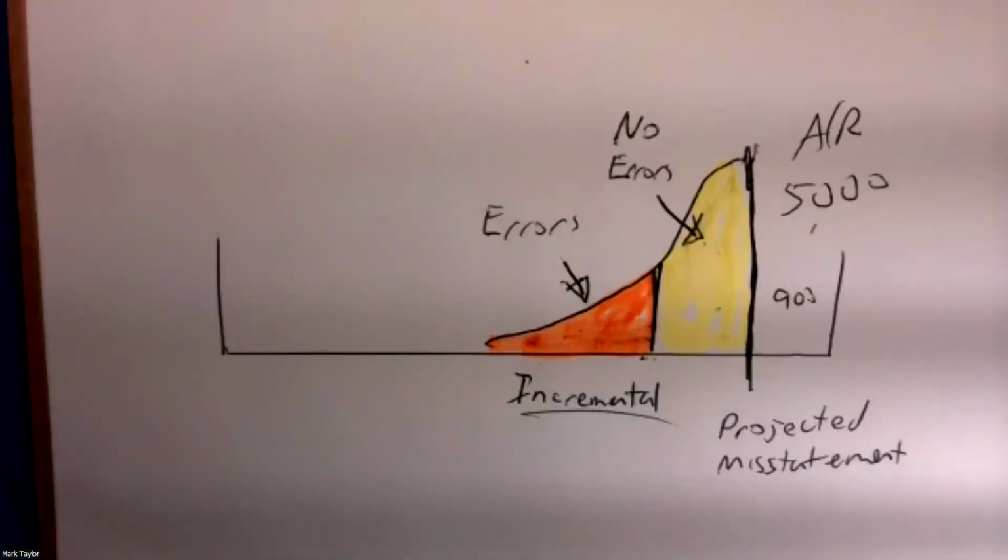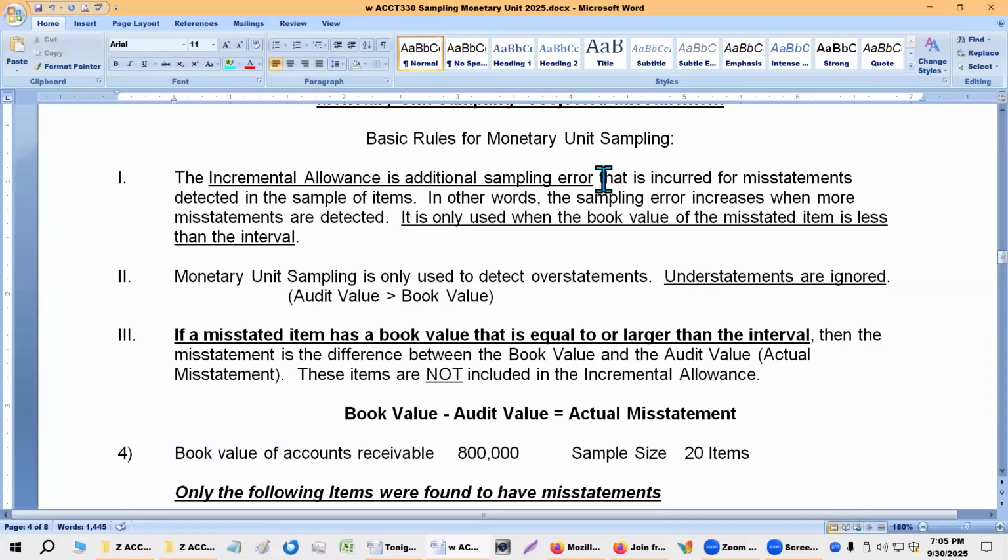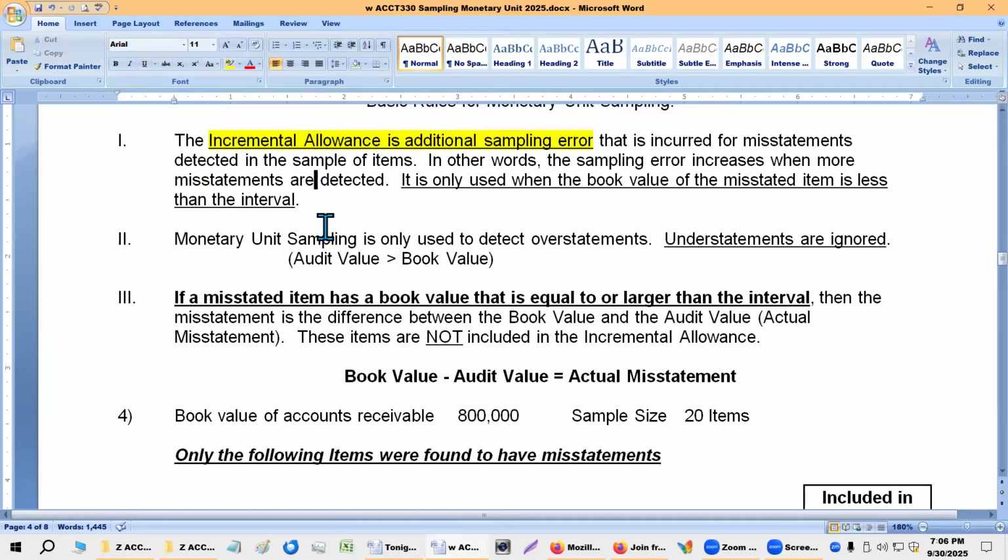Okay, let's see how this works out. So this is what they call the incremental allowance. We'll talk about that in a second. Here is an important one: understatements are ignored.